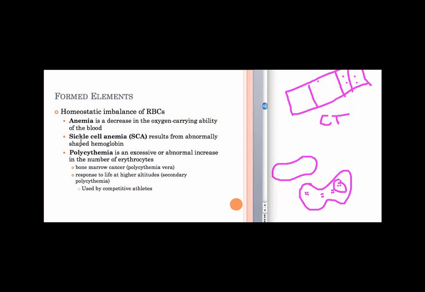Polycythemia is an abnormal or excessive number of red blood cells. This can happen especially in people living at high altitudes. At high altitudes you bring in a low amount of oxygen, and because of that you start producing more red blood cells to account for the loss of oxygen. So overproduction of red blood cells gives rise to polycythemia.